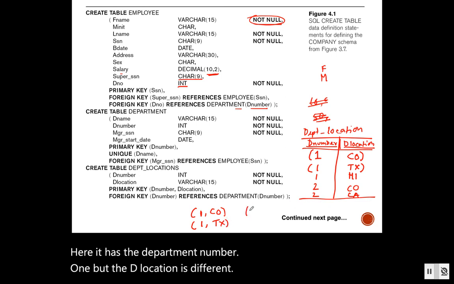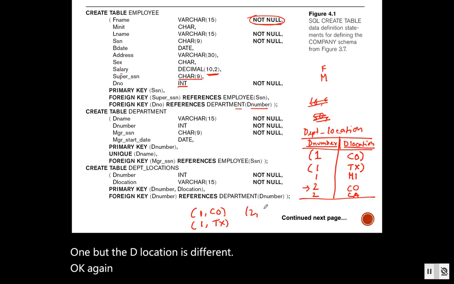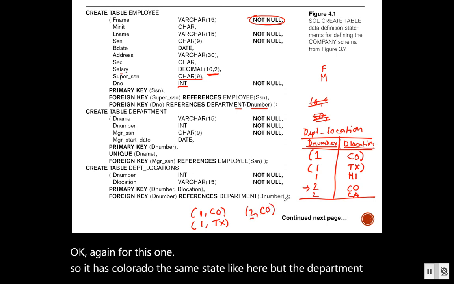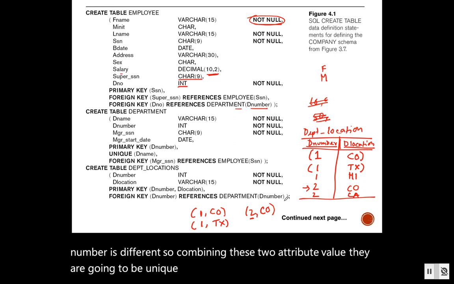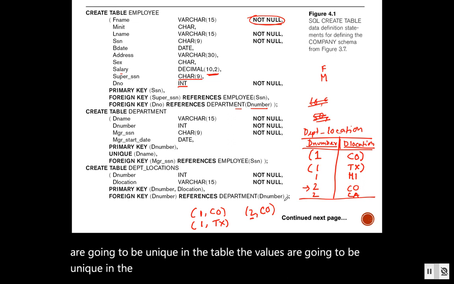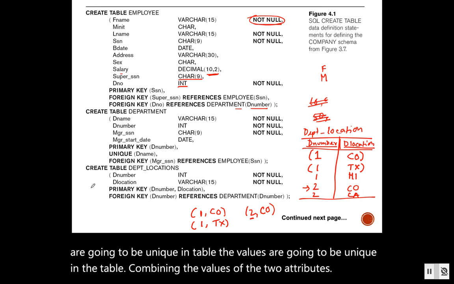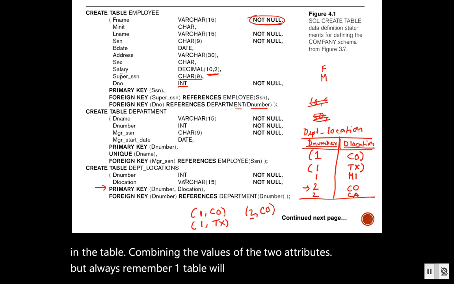Again for this one, it has Colorado, the same state like here, but the department number is different. So combining these two attribute values, they are going to be unique in the table. But always remember, one table will have only one primary key.